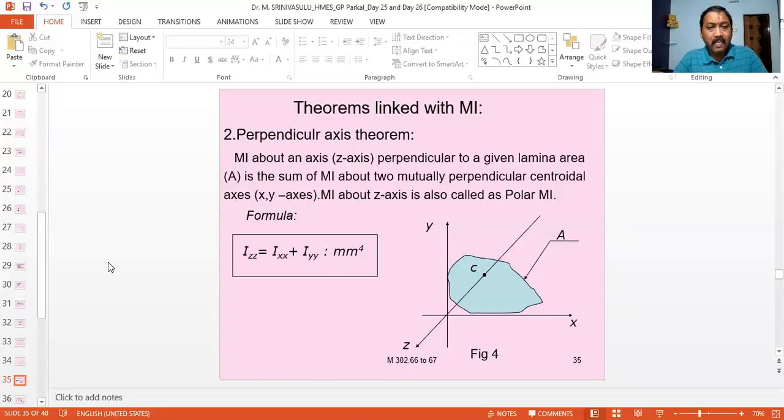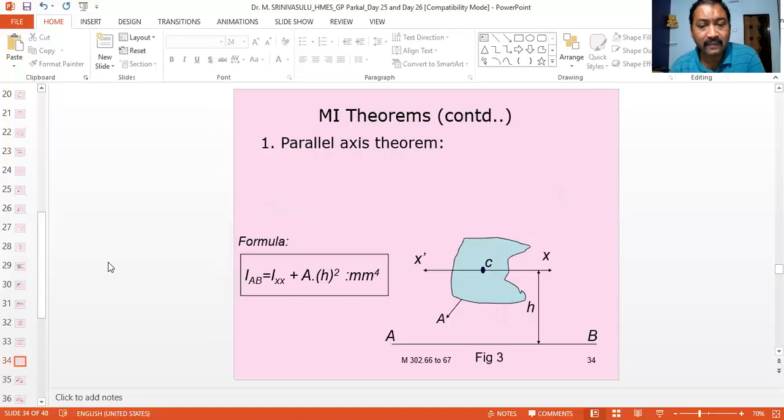And with the parallel axis theorem we can find out the moment of inertia about any parallel axis, if we know the moment of inertia of that area about the central axis and the distance between the two axes.